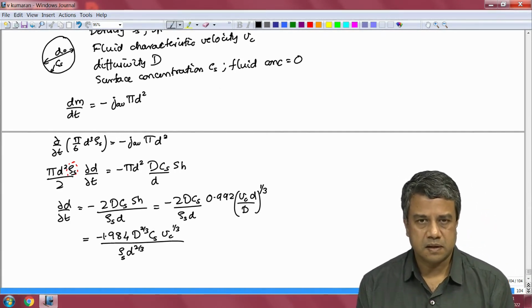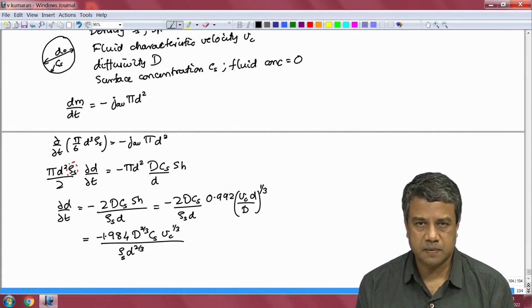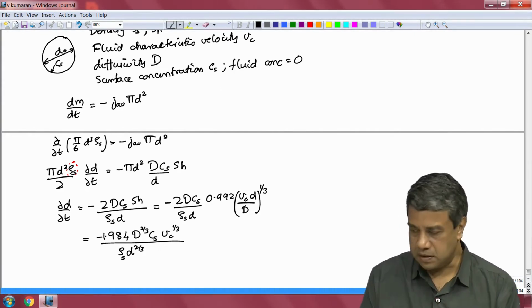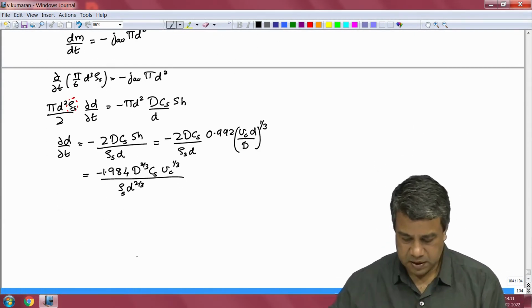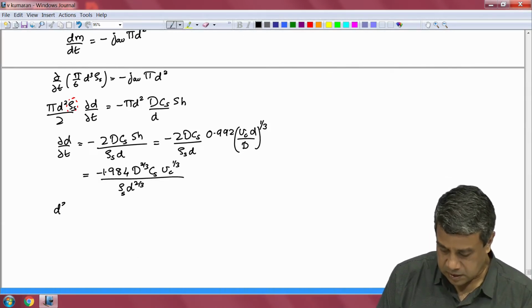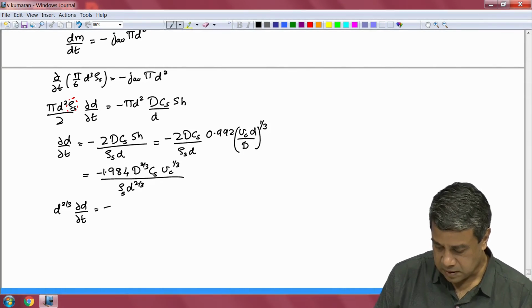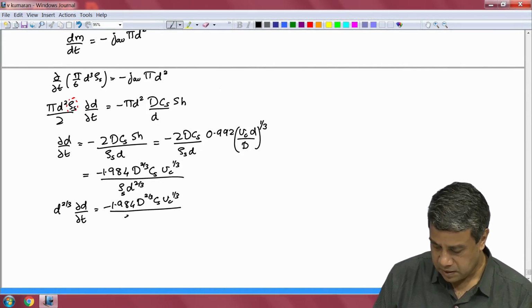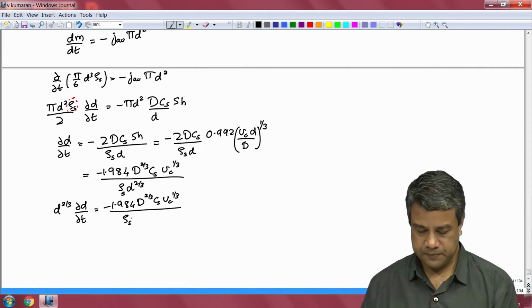Just cancelling out the powers of d power 1/3, I get a d power 2/3 in the numerator, Vc power 1/3, and I get a d power 2/3 in the denominator. So I can multiply both sides by d power 2/3 and I will get d power 2/3 partial d by partial t is equal to minus 1.984 D power 2/3 Cs Vc power 1/3 divided by rho s.